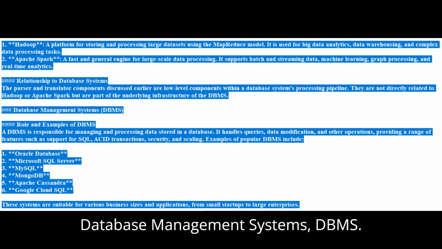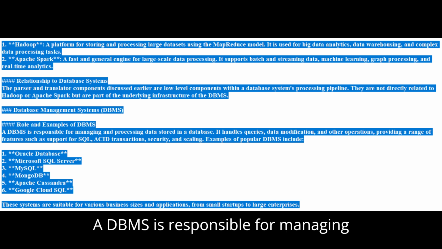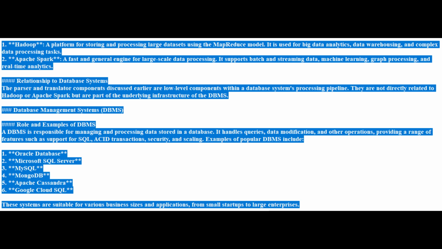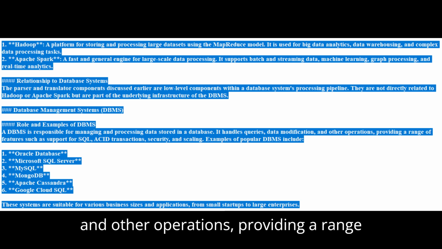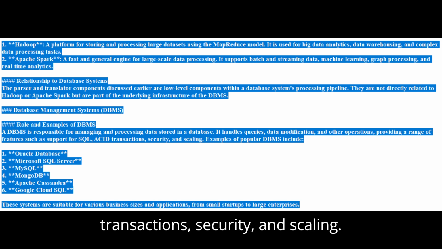Database Management Systems, DBMS. Role and examples of DBMS. A DBMS is responsible for managing and processing data stored in a database. It handles queries, data modification, and other operations, providing a range of features such as support for SQL, ACID transactions, security, and scaling.